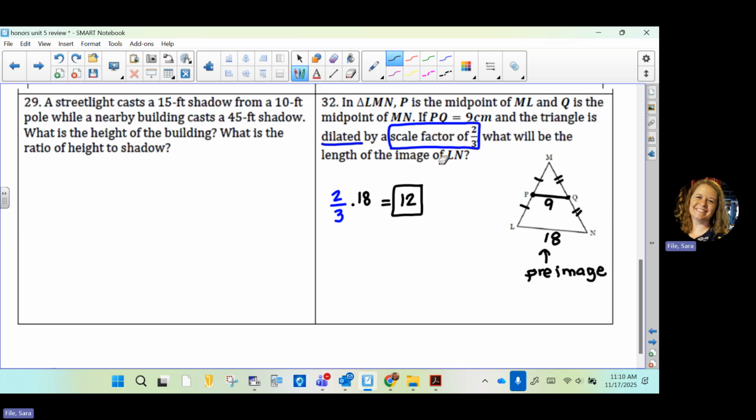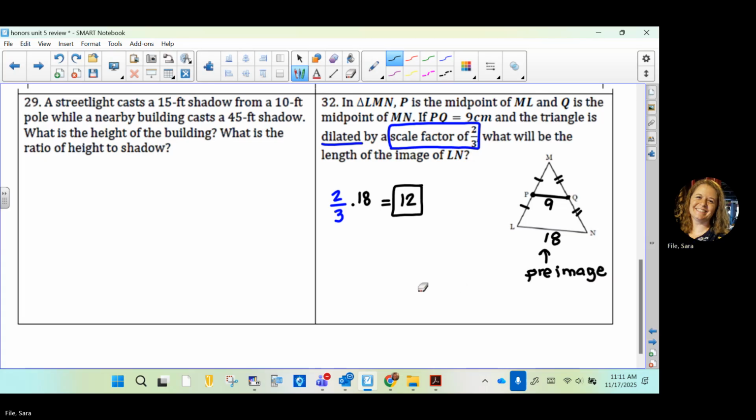Your other option is to take the PQ, dilate that, and then double it to get the LN image. And that would get you the same thing. Because if I dilated 9 by 2/3, that would be 6, wouldn't it? And then I double 6, and that would be 12. So you can either double then scale or scale then double. It doesn't matter.